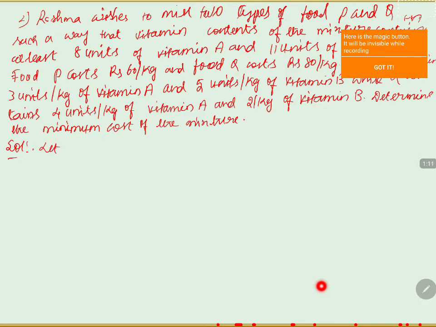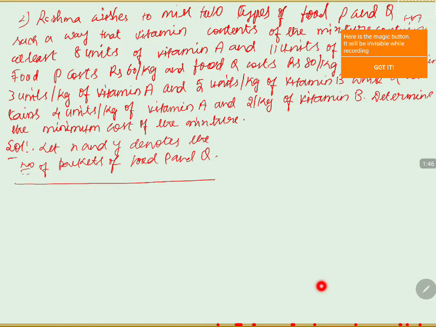So first step: let x and y denote the number of packets of food P and Q. Let me draw a table so that it will be convenient for understanding.